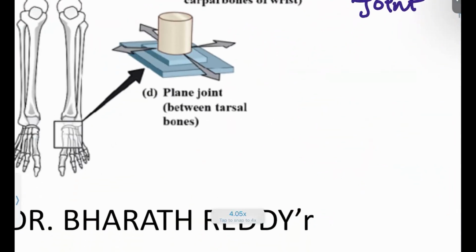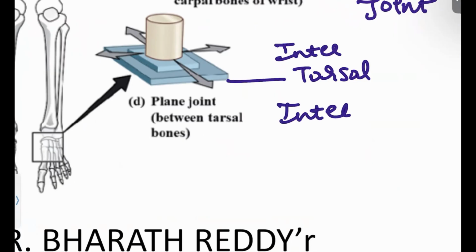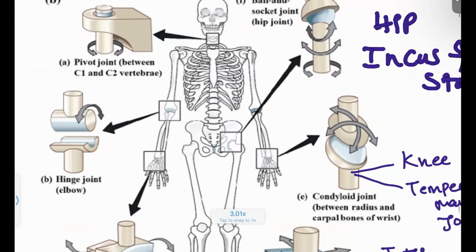Next one is your plane joints. All these plane joints will be between the tarsal bones, and also the intertarsal, intercarpal, intermetacarpal and intermetatarsal joints. So in between the two bones, that is your plane joint or gliding joint. Next one is your pivot joints.